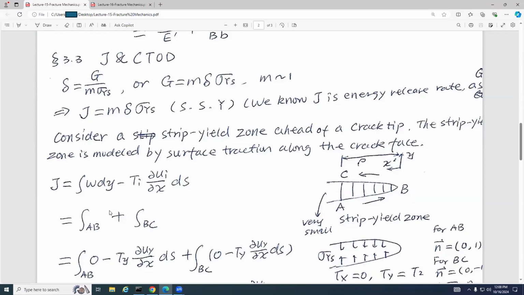And so this is small scale yielding. Whenever you see SSY, it means small scale yielding. And small scale yielding means that J is the energy release rate, okay? The same as this G there, same as the G energy release rate.